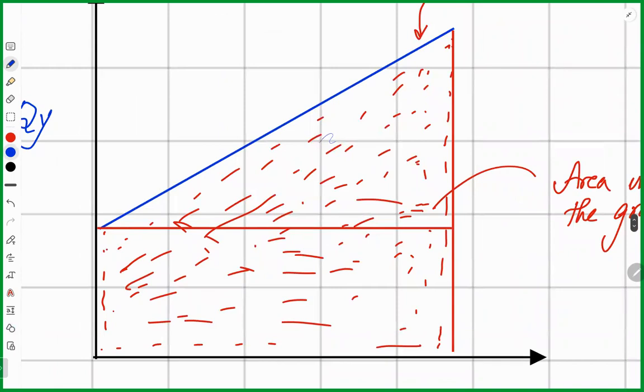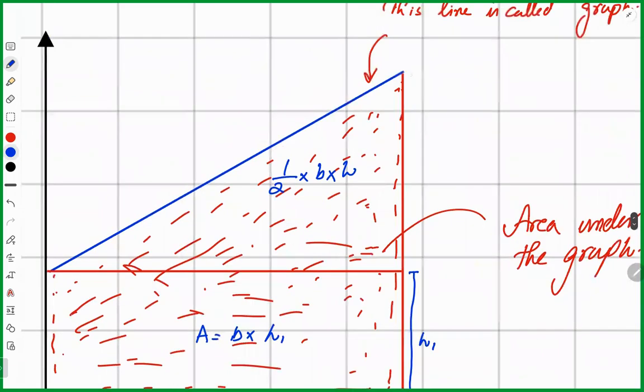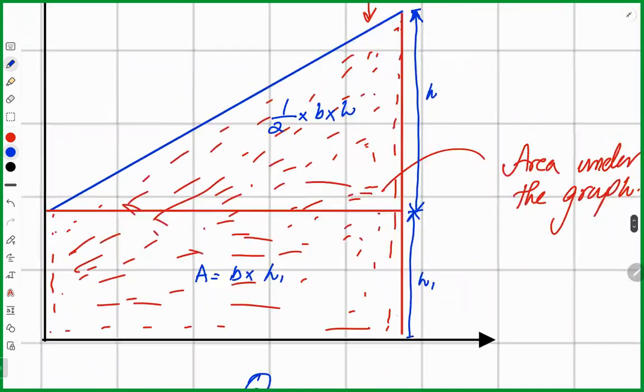Here, area will be 1 over 2 into base into height. And in this case, area will be equal to base into height as well. For example, if this is h1, this is h, then area of triangle will be 1 over 2 into base into height, and area of rectangle will be base into height.